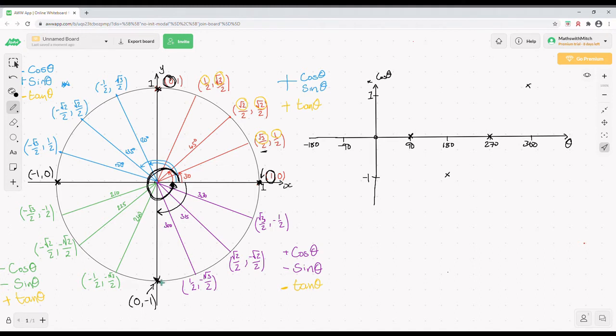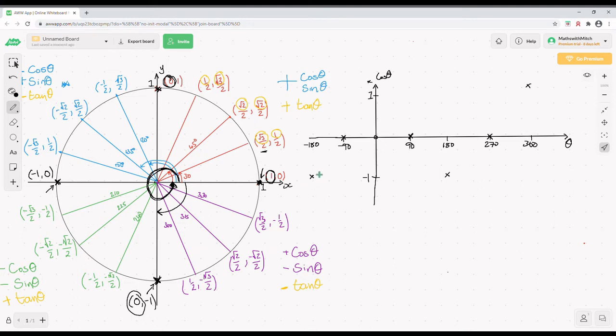And that means you're back at this point on the circle, and we said the x-coordinate was 0. So we can plot this as 0.